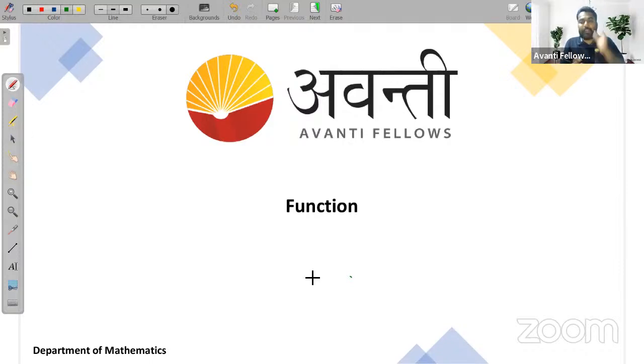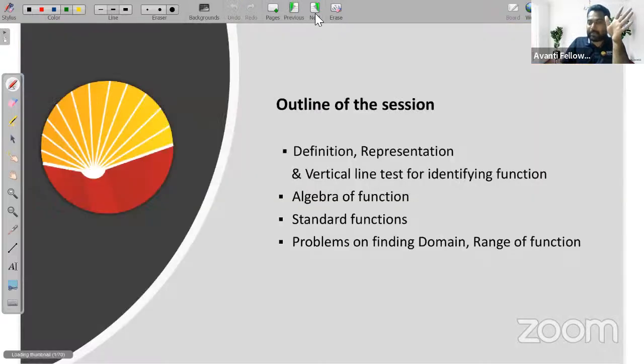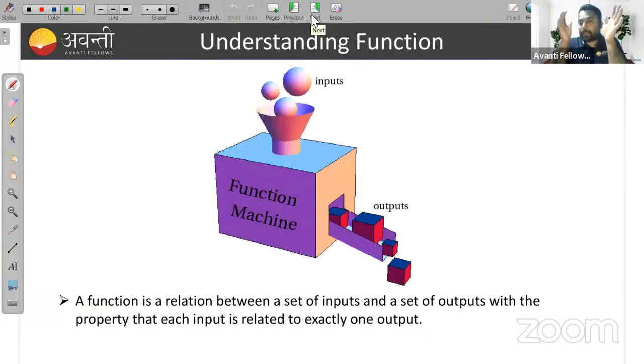In simple words, I can say function means a mathematical machine. So all of you know, what is a machine?